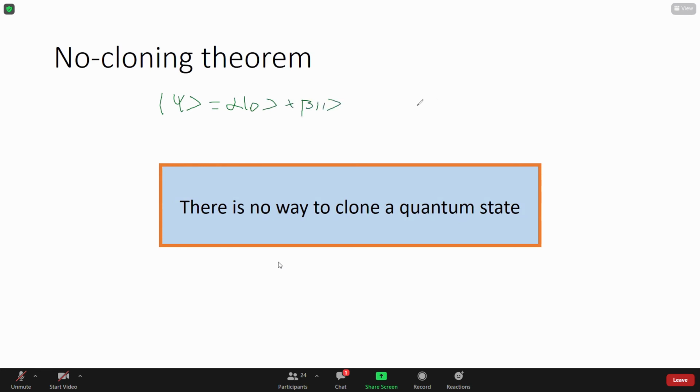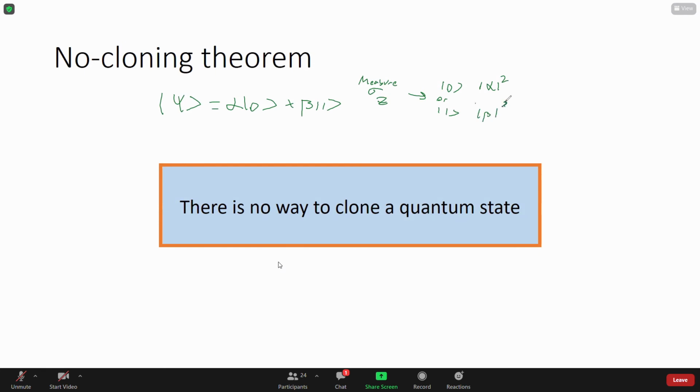Okay, so let's say I want to now make a copy of this state. The first thing you could maybe try to think about is, okay, can we just measure alpha and beta? But this we can't do, right? Because if we measure, for example, sigma z, what ends up happening is that we will just get either 0 or 1 with the probabilities alpha squared and beta squared.